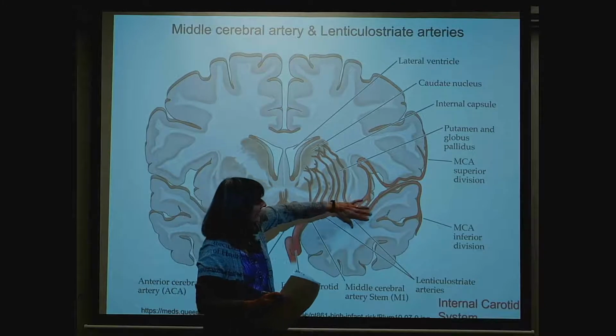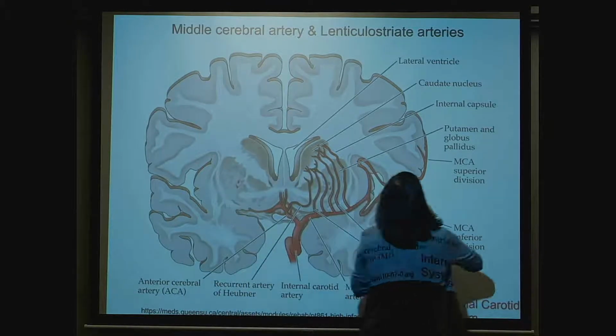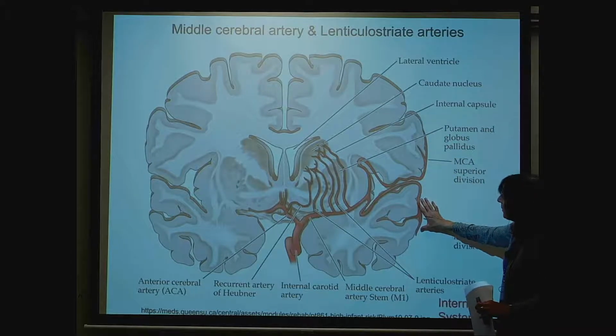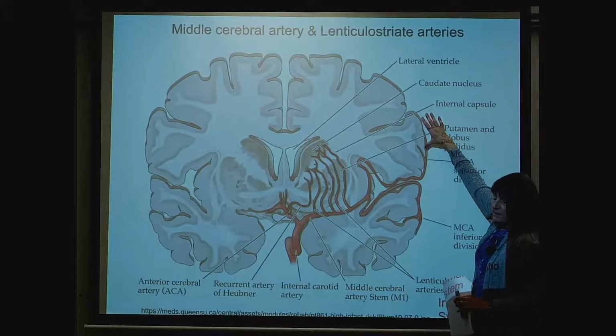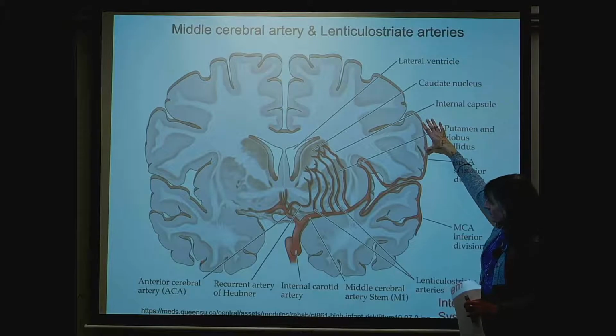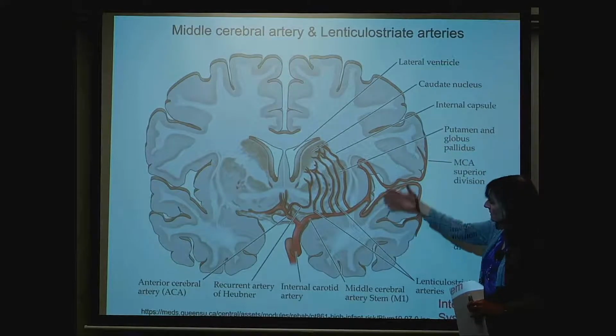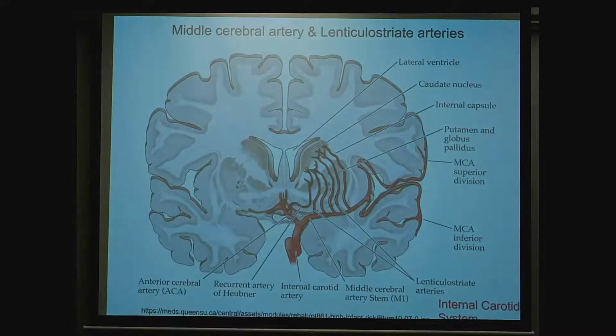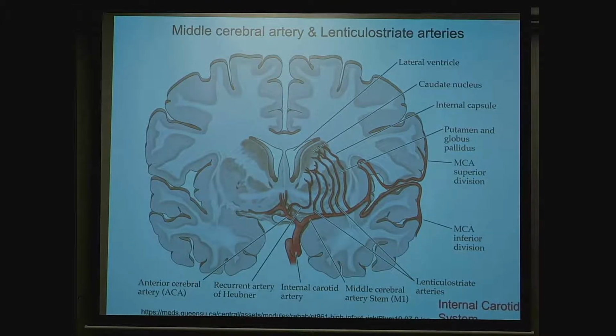And then that artery keeps going out, and it's going to supply areas that are lateral in the temporal lobe as well as the frontal and the parietal lobe. So that gives you a coronal section view of those arteries, just to give you a better idea of what they supply.